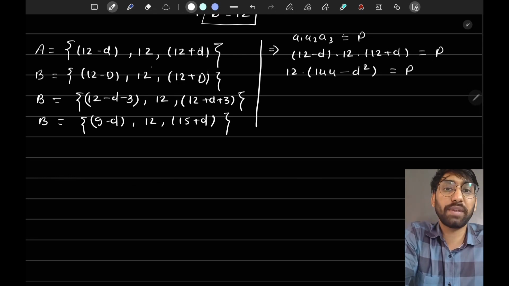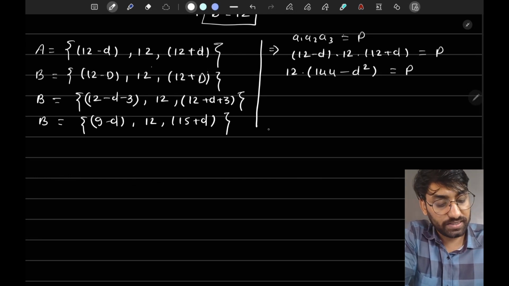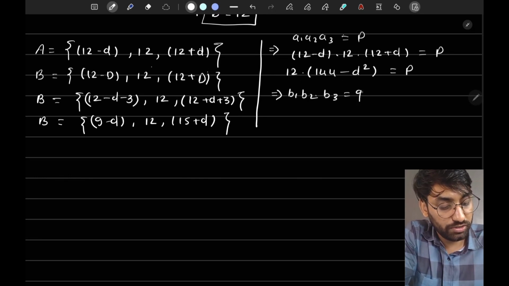By the a plus b, a minus b formula. Correct?